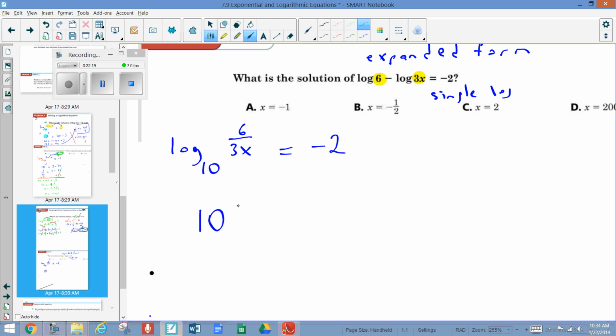Go ahead. Perfect. Okay, this is 0.01 is equal to 6 over 3 is equal to 2 over x, correct?